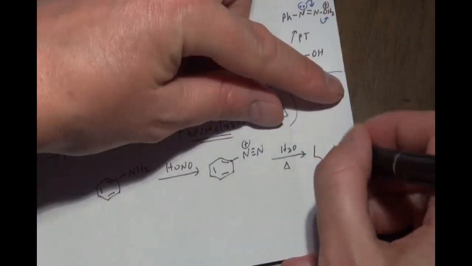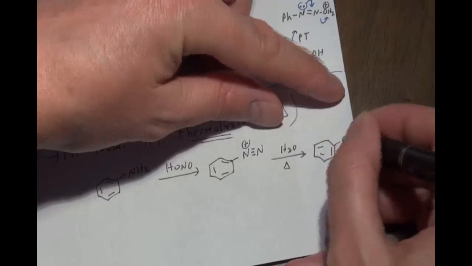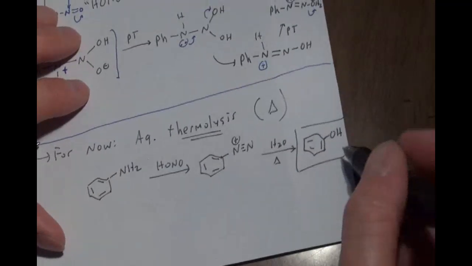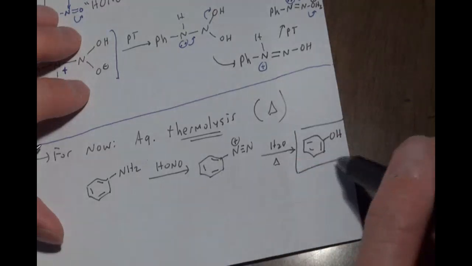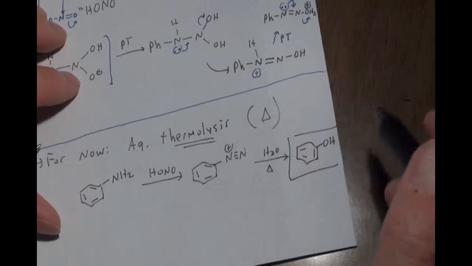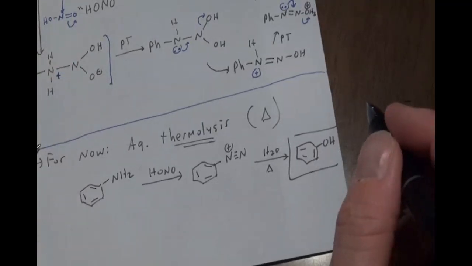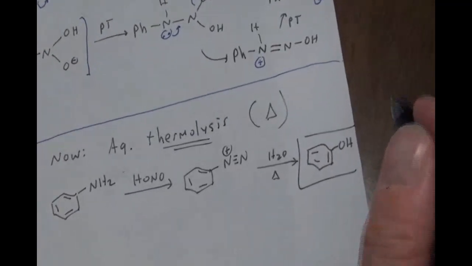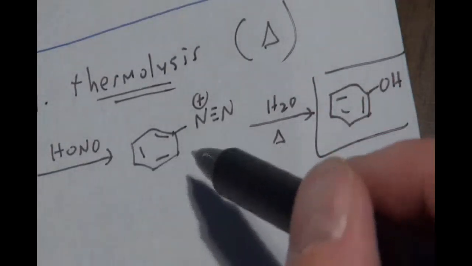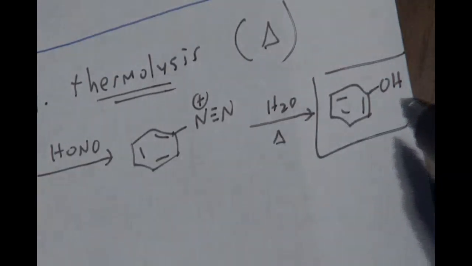That makes a phenol. Remember how a while ago I said there's not really an easy way to put a phenol onto a benzene? Well, this is an exception. This is a great way to attach a phenol to a benzene. And what do you think the mechanism is for the diazonium being treated with water to make this?